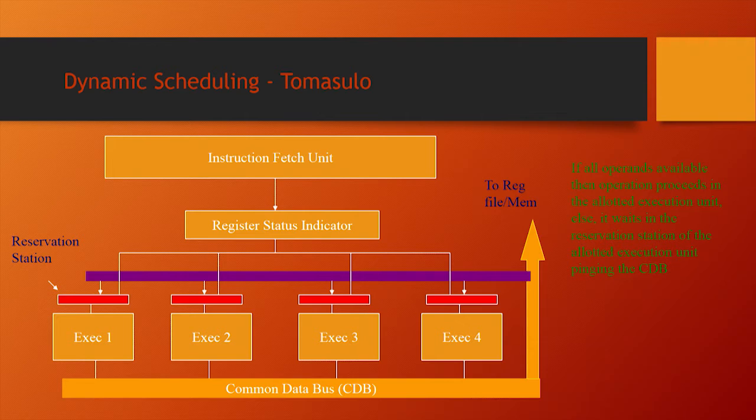What happens after this? After the register status indicator, if all the input data are available, then you start executing. If some data is not available, you keep waiting on the bus. Suppose I need the value of some register, and it says that execution unit 5 is currently handling that register. So I go to the reservation station marked in red here and wait for 5 to give an answer.